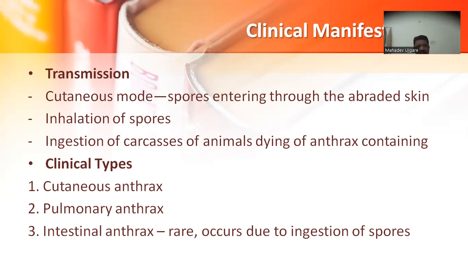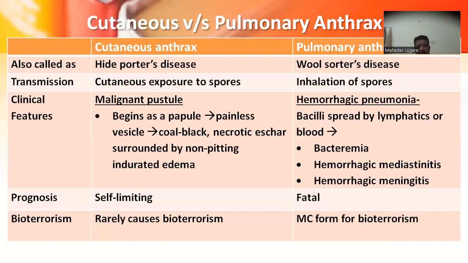Now clinical types. Anthrax is classified into three clinical types. First is cutaneous anthrax, second is pulmonary anthrax, and third is intestinal anthrax, which is rare and occurs due to ingestion of spores from contaminated meat. Now what is the difference between cutaneous anthrax and pulmonary anthrax?